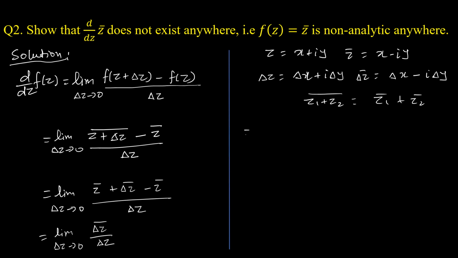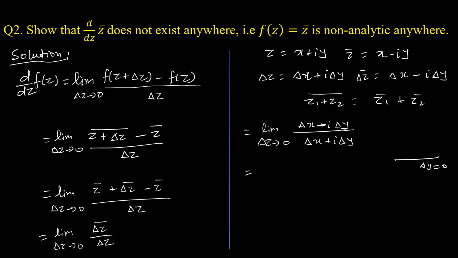So with the expansion of del z, it will be del z tends to 0, del x minus i del y upon del x plus i del y. Here we will choose the path along the x-axis and the y-axis. So along the x-axis, del y will be 0.